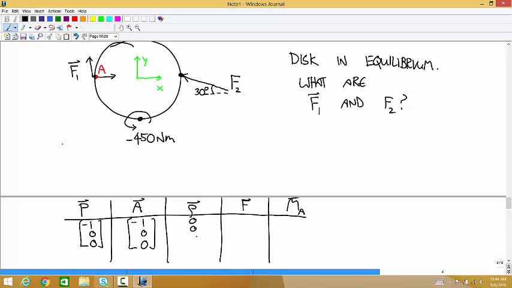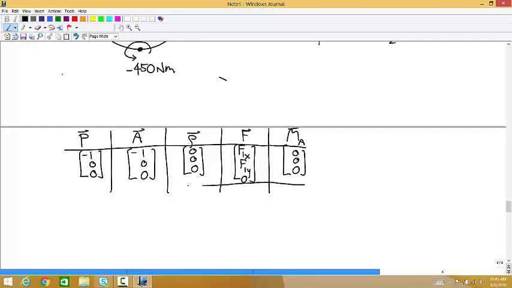Subtract, and you get a row vector of 0, which, anytime your force is applied at the about point, the row vector is going to be equal to 0. And then the force vector is F1x, F1y, 0. And take the cross product, and there's no moment. Okay, that's the first row.